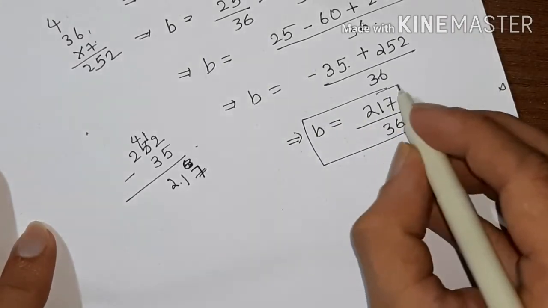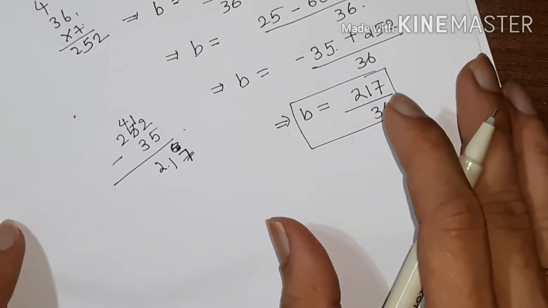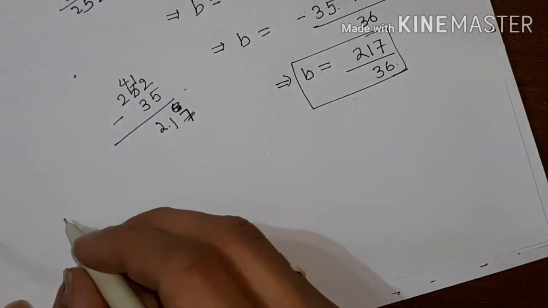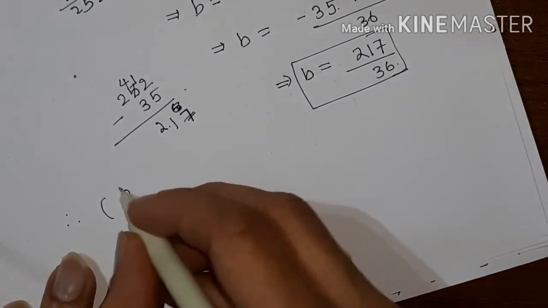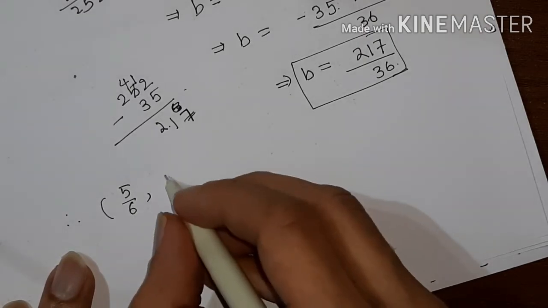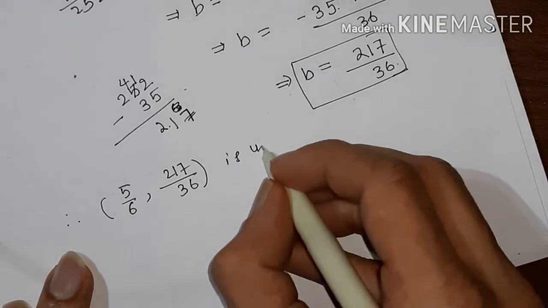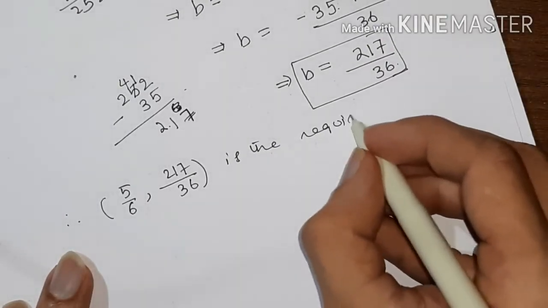So now we can find the equation of the tangent line. Before that, we write that (5 by 6, 217 by 36) is the required point.